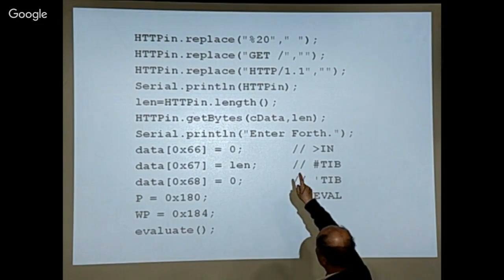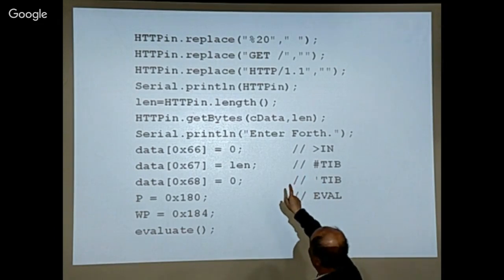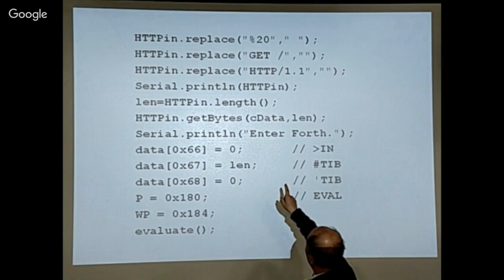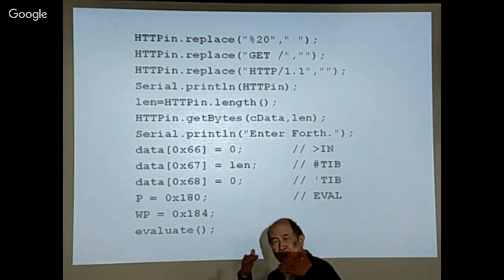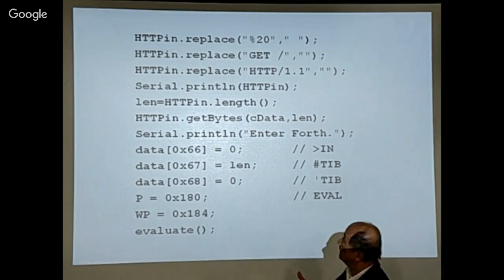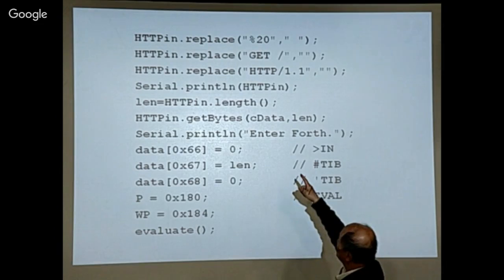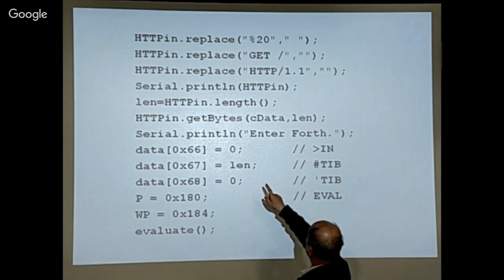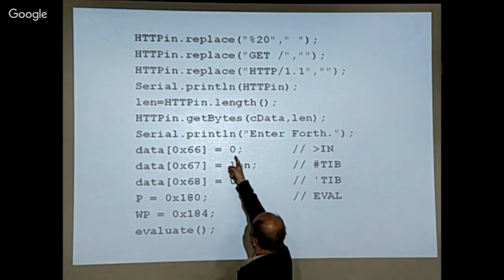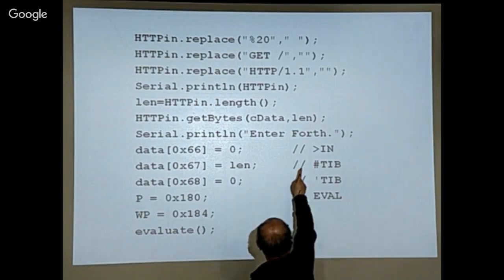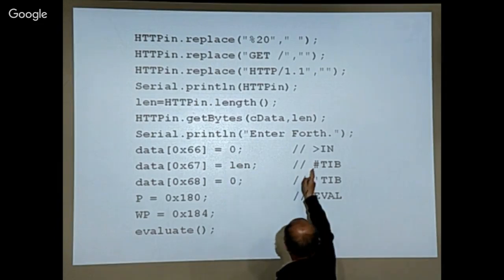The TIB is in the virtual Forth memory at location 0, the starting point of the C data array. So you put the TIB address and the length, and this >IN is the Forth interpreter pointer, which is scanning the input buffer.